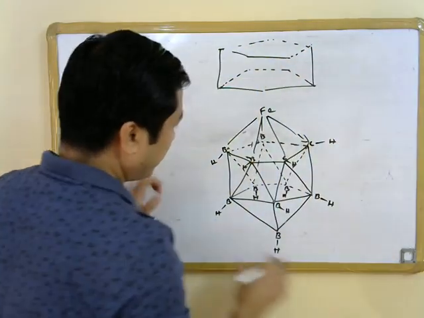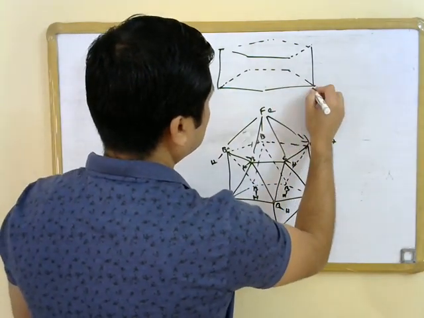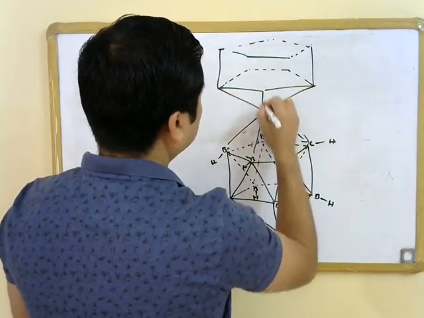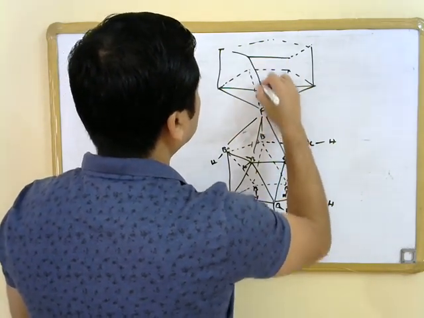So another unit of this C2B9H11 2 negative is going to be present, and again there is going to be linkage to the iron center in this fashion.